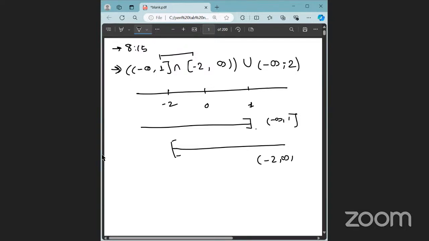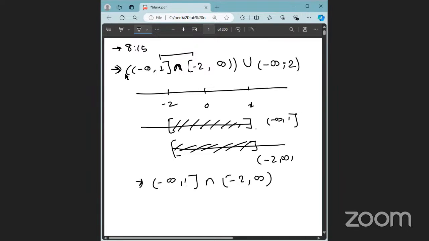Now we have to take the intersection of these 2 sets, meaning the points which are common to both sets. From the number line, you can see that this portion is common to both. So minus infinity to 1 closed, intersected with minus 2 to infinity, is nothing but this closed line segment, minus 2 to 1.